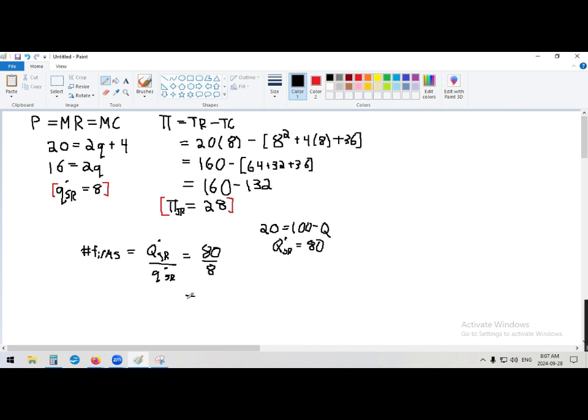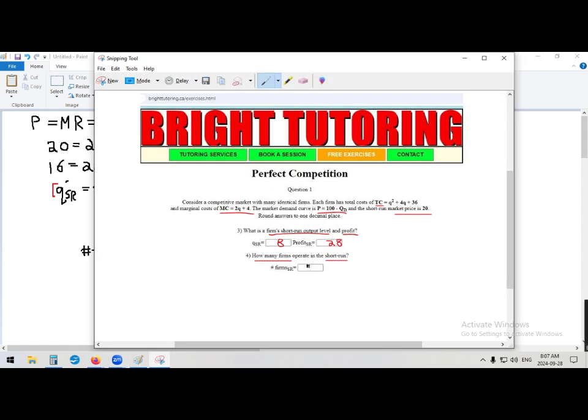So that's going to equal 10. So we have, in the short run, 10 firms selling 8 units each, and each making $28. And that's how you do that question.